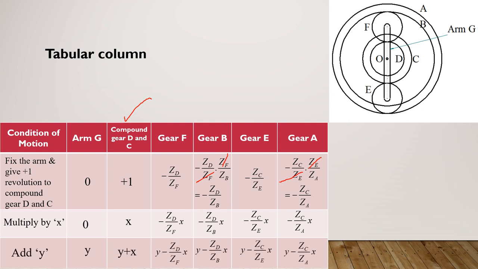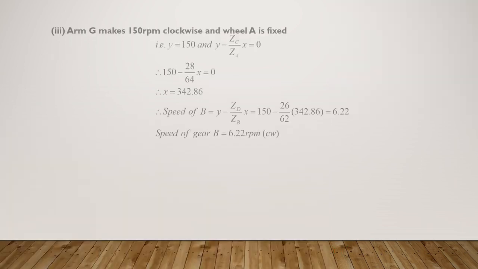Third step, add y to all these expressions. So the final table, the last line you get, gives the speed values of these particular elements. Whichever is asked in the question, solve that equation. In this problem, he has asked to find the speed of gear B, so if you solve this equation, you will get the speed of gear B. We will do that in the next step.